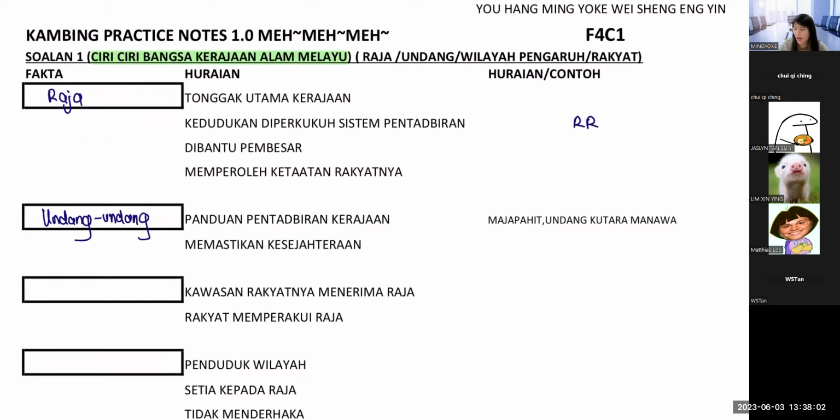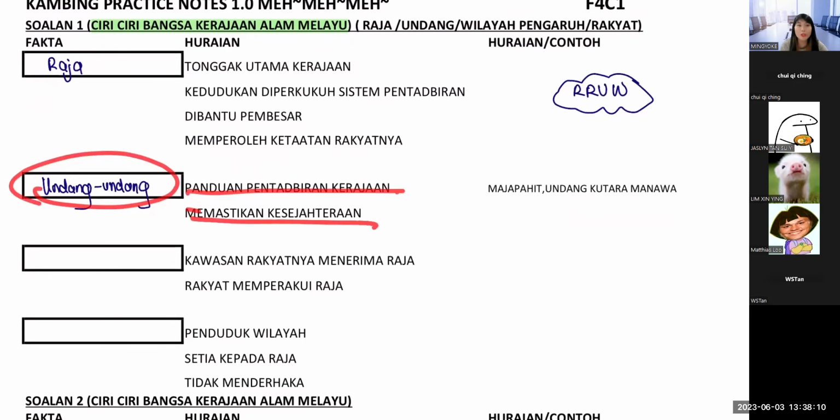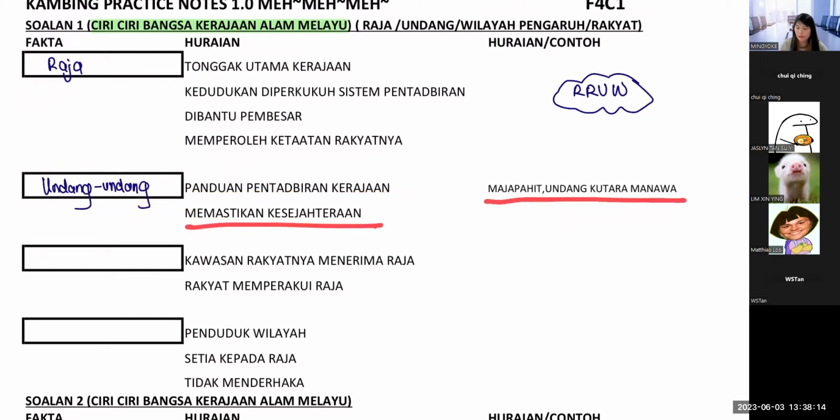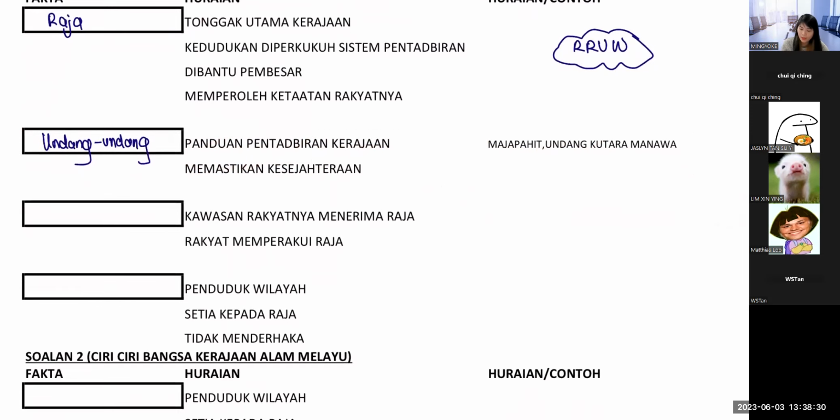Remember, you have undang-undang. The undang-undang is a panduan pentadbiran kerajaan to ensure the well-being of the people, memastikan kesejahteraan. Contoh, Majapahit, the undang-undang Kutara Manarwa. They only got 3. So you just remember all 3 because maximum is 4 ma. Understand? According to alone, 1 fakta, maximum 4.